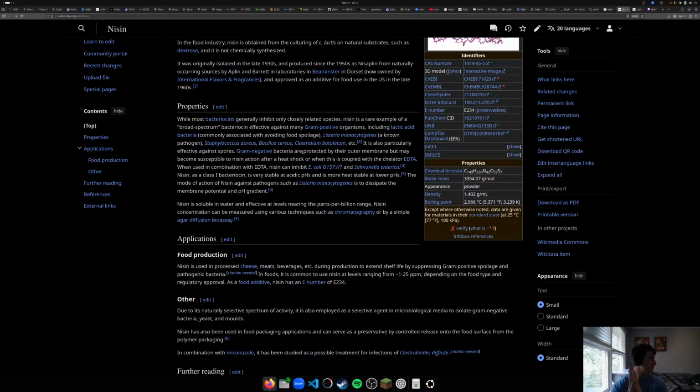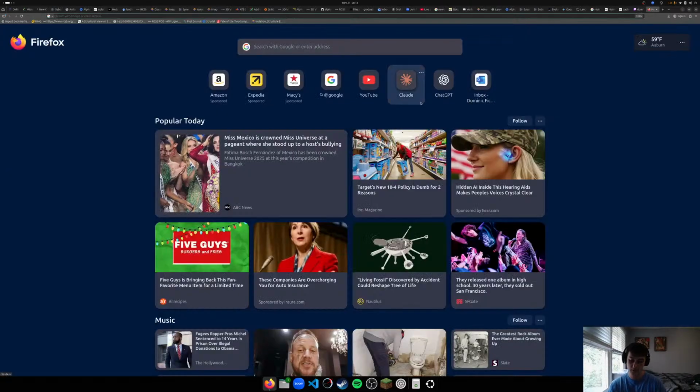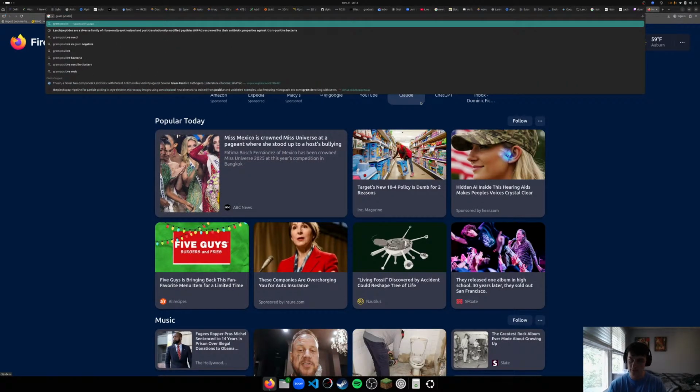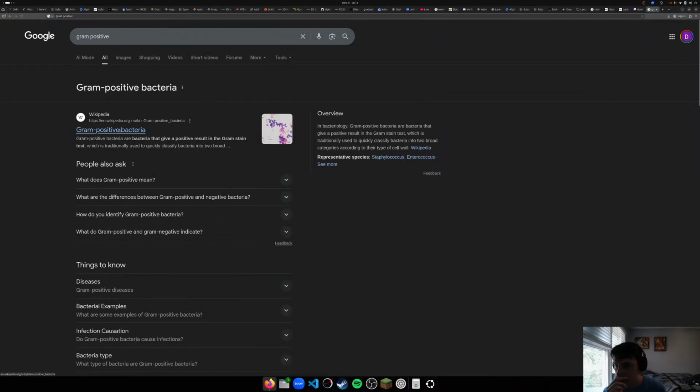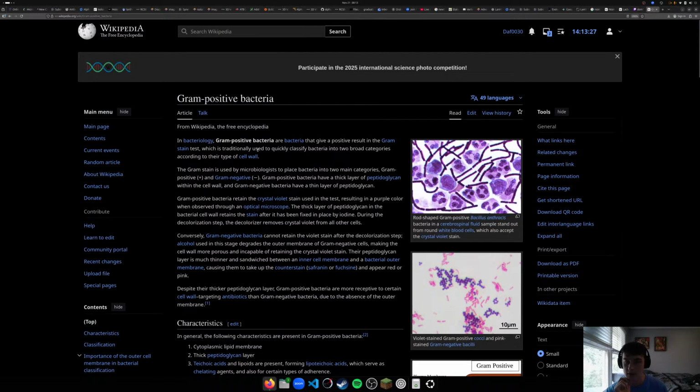So gram-positive means it literally just passes the gram test. I think gram-positive have a thicker cell wall. I forgot what I looked up, the gram stain test.